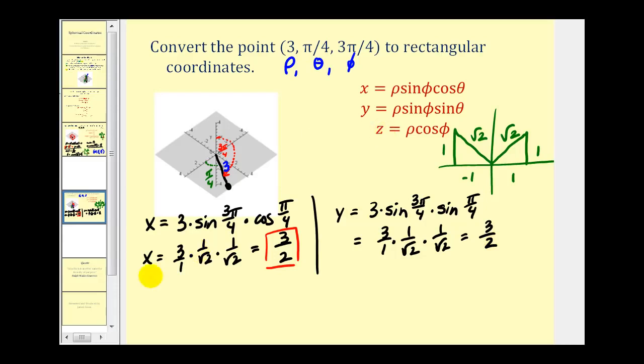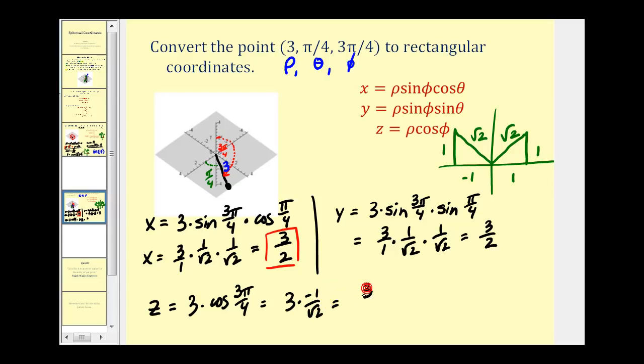And now we're left to determine z. Z is going to equal rho times cosine phi, or 3 times cosine 3 pi over 4. It's going to give us 3 times the cosine of 3 pi over 4, which is going to be negative 1 over square root 2.